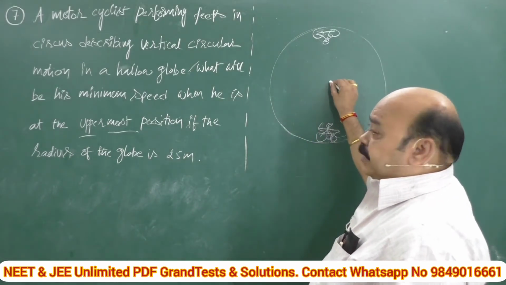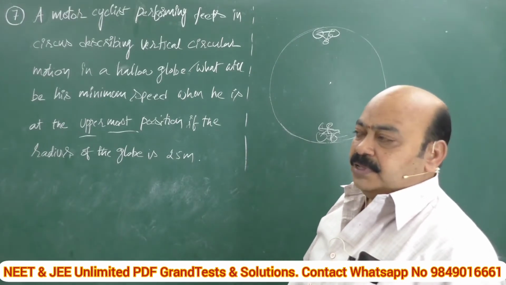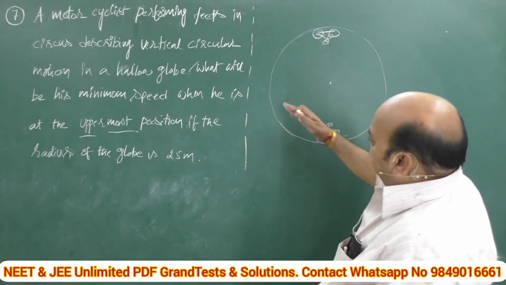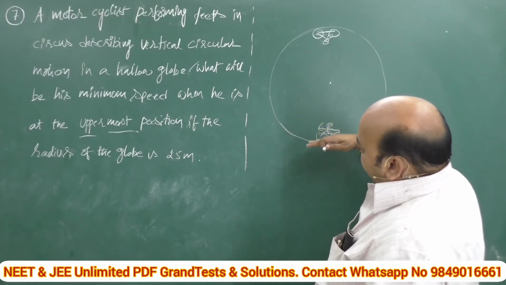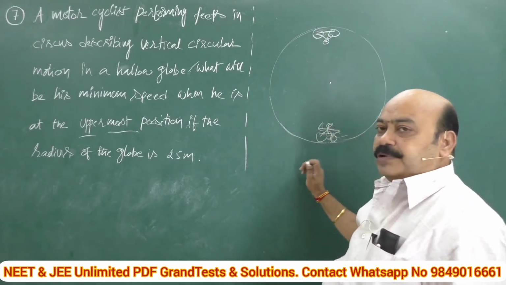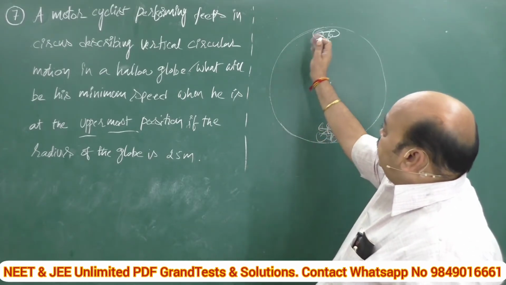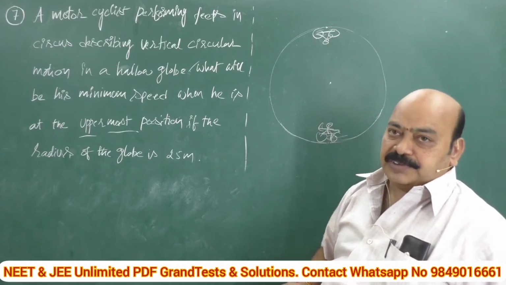So he has to maintain a certain speed, otherwise he will fall down. That means while moving, what happened? This man presses this globe and is able to move with the help of friction between the tires and this. Fine. When he is exactly here, what are the conditions for balancing?